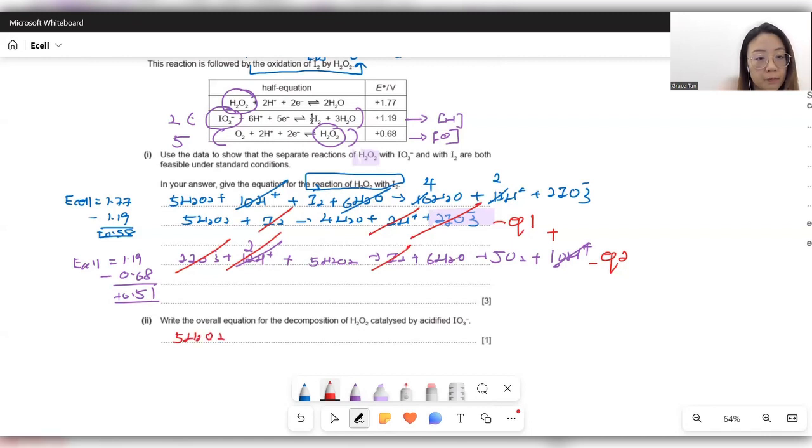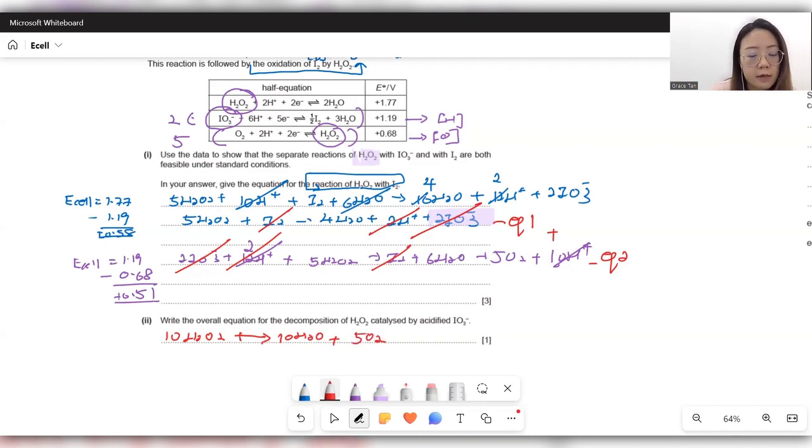All right, let me see what is the final one. 5H2O2 plus another 5, which is 10, 10H2O2 to give 10H2O plus 5O2.